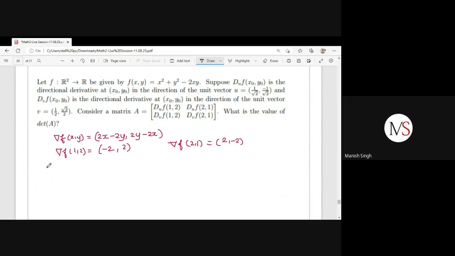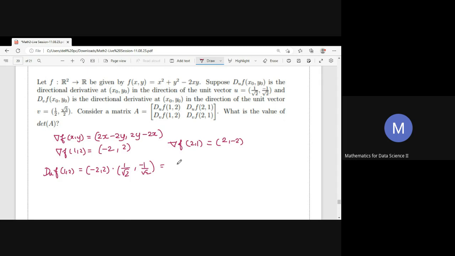Correct. Now D_u of f at (1, 2). What is that? (minus 2, 2) dot (1 by root 2, minus 1 by root 2).